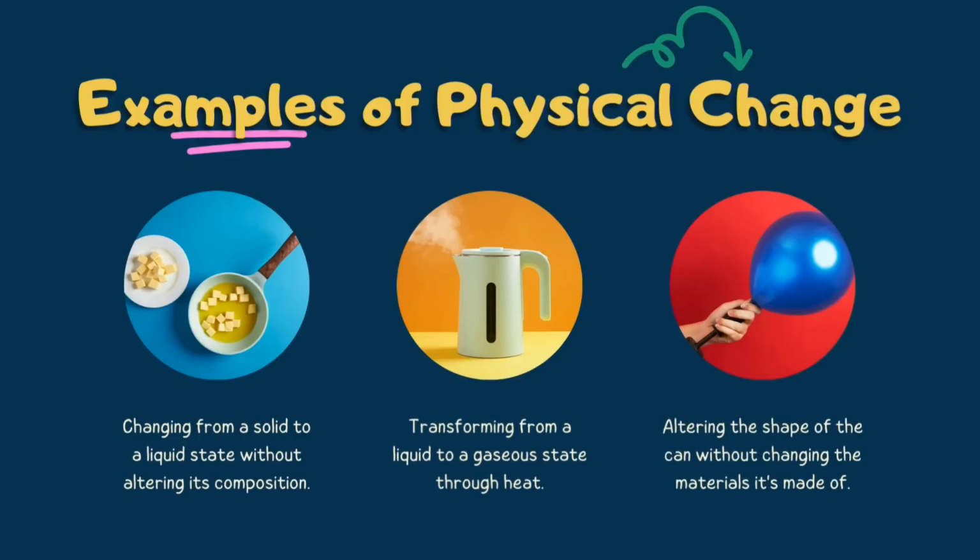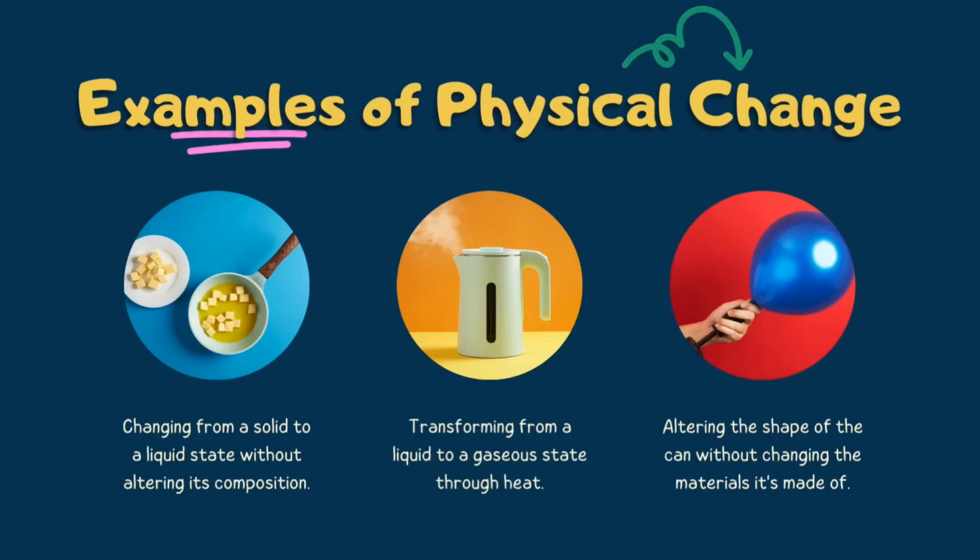So we have here some examples of physical change. Okay, we have here changing from solid to liquid state without altering its composition. Okay, so for example, butter, no, nagmelt yung butter. Pero nag-change lang siya ng state from solid to liquid, pero yung chemical composition ng butter is still the same.